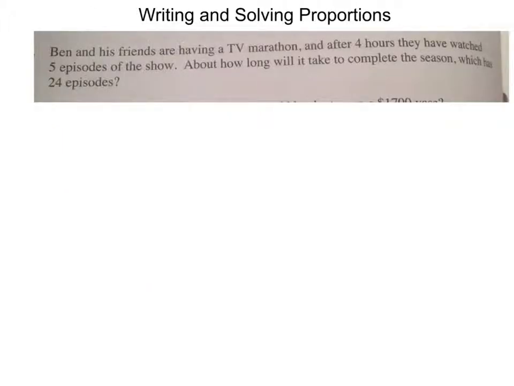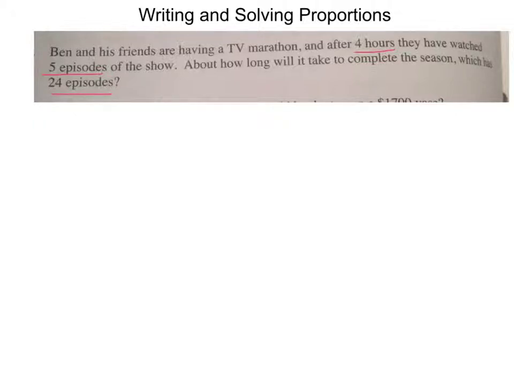Let's see how writing and solving a proportion can help us solve a story problem about Ben. It says Ben and his friends are having a TV marathon, and after 4 hours, they have watched 5 episodes of the show. About how long will it take to complete the season, which has 24 episodes?